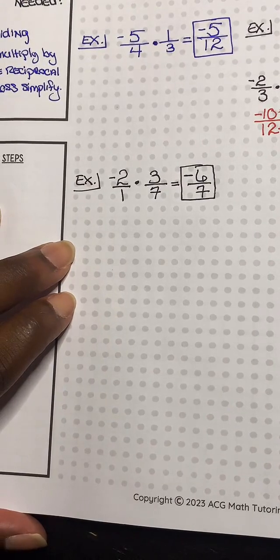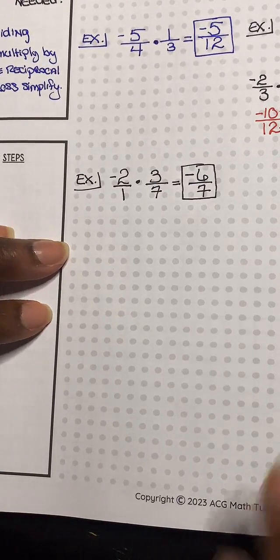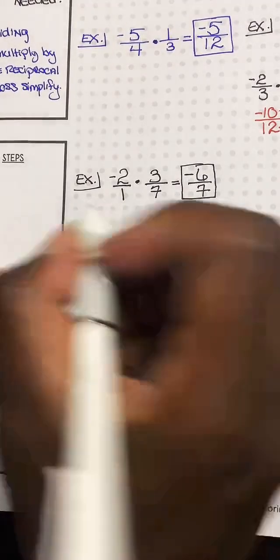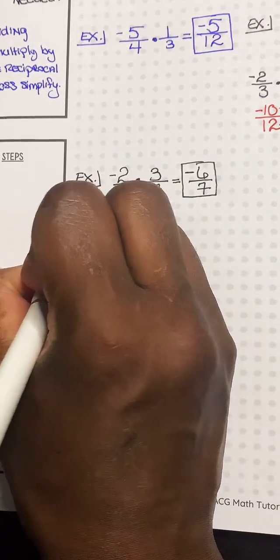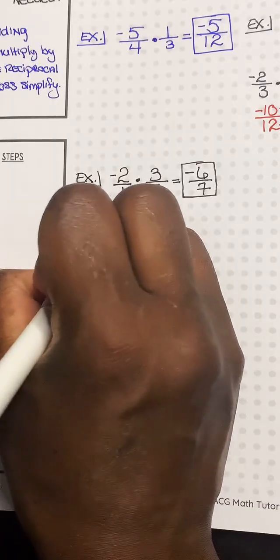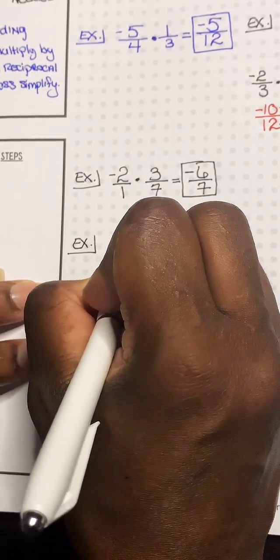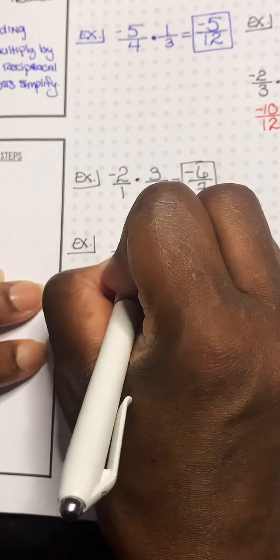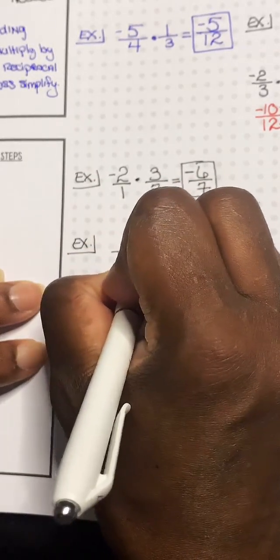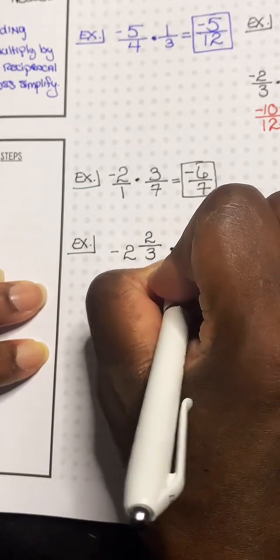Oh, severe sprained. Ugh. Okay, let's try this one. All right, so we have -2, and this will be the next big option. Does it happen too often? It happens once in a while.